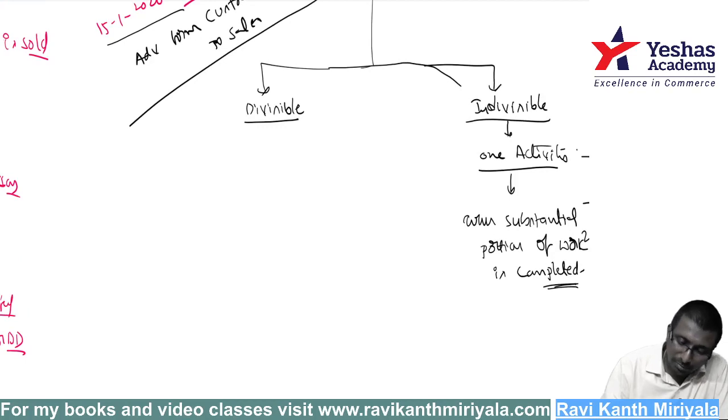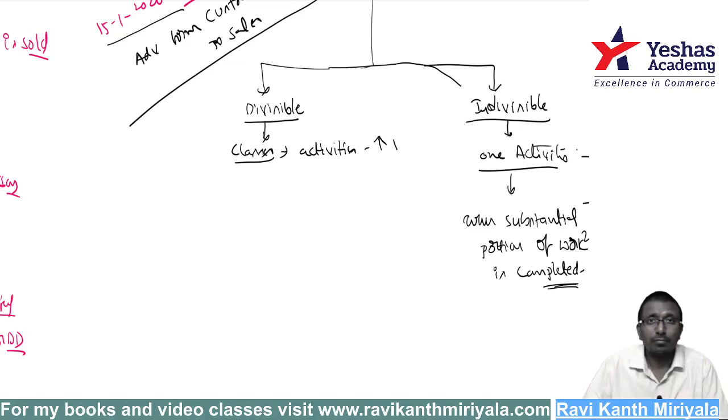Divisible means, as I just told you, like classes: the activities are more than one. It is not one activity, and we can divide it based on the number of hours of work and some percentage. It makes sense.